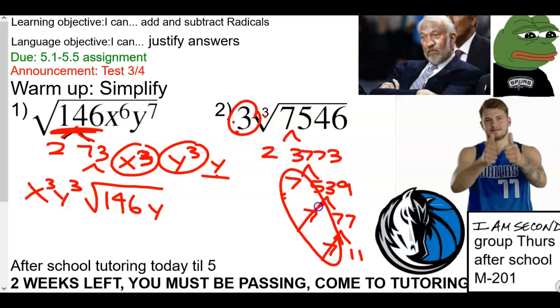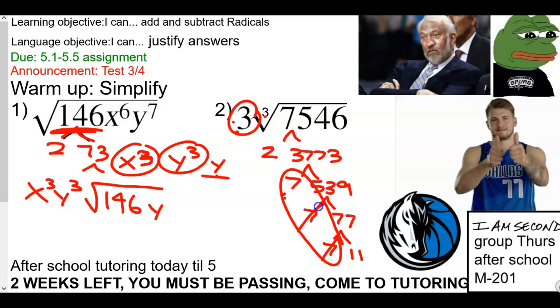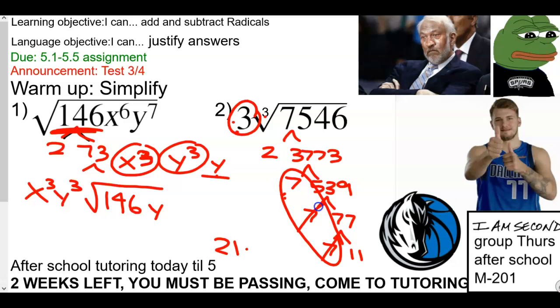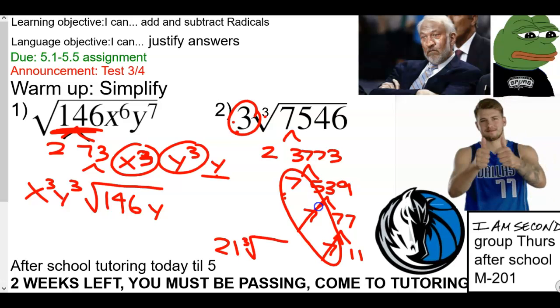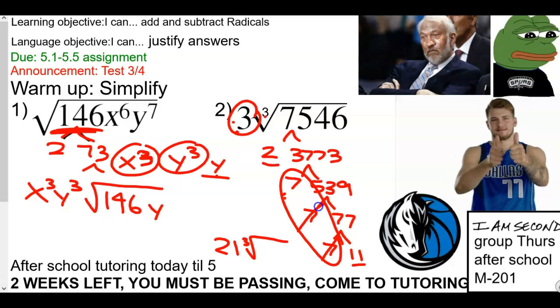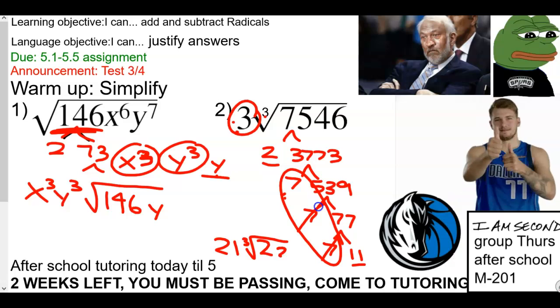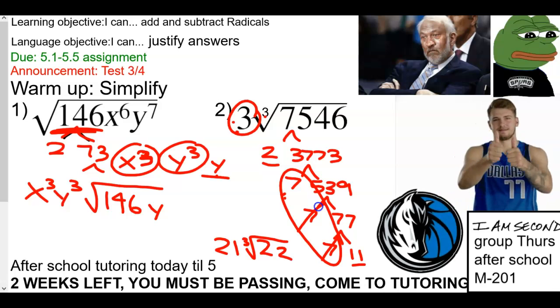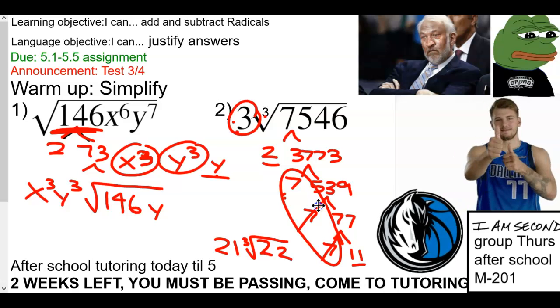So don't forget to multiply 7 times 3. So what do I get? 21 cube root. Put the little 3 there. And what are my 2 leftovers? 2 times 11 is 22. All right? So 21 cube root, 22.